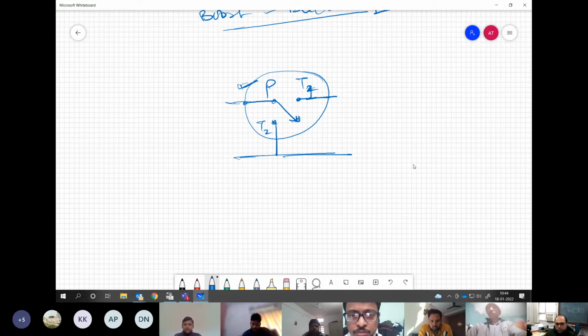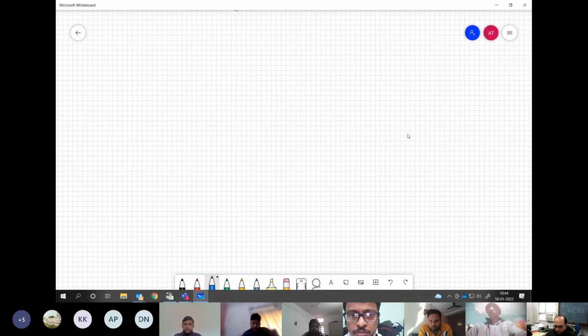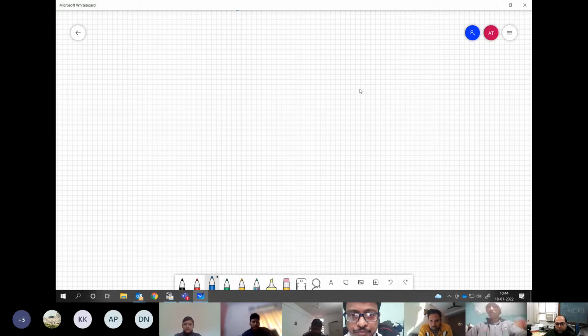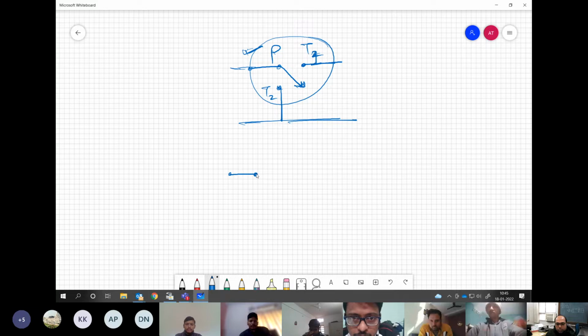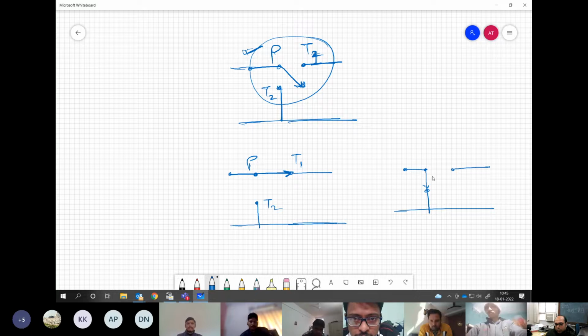Now, let's say there are two states for this switch. The first state is when P is connected to T1. When P is connected to T1, this is one configuration in which the switch can be. The other configuration is when the switch is connected to P to T2.